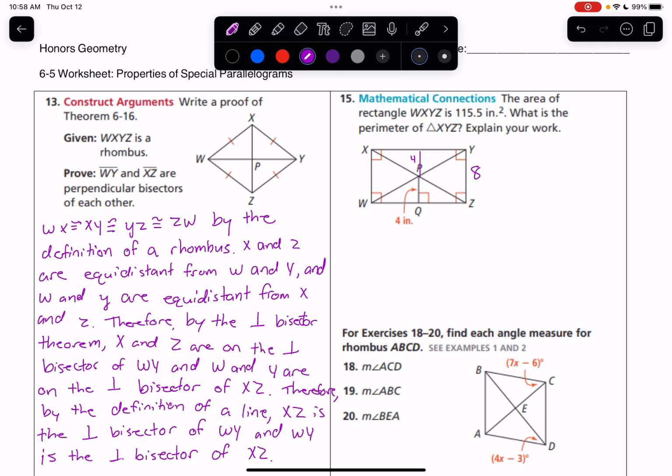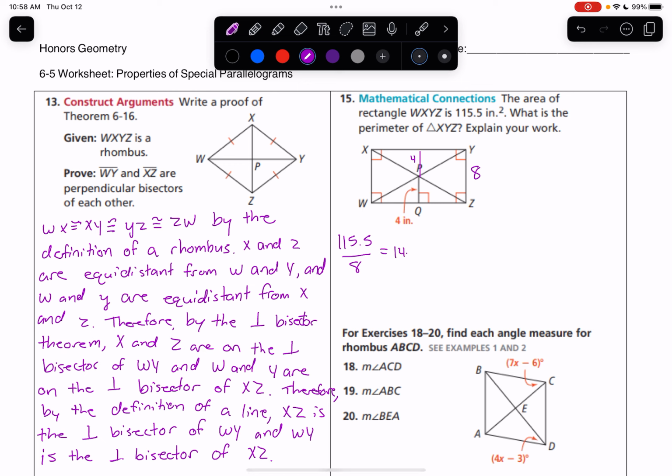So if the area of the rectangle is 115.5 and the width of the rectangle is 8, I can do 115.5 divided by 8 and get 14.43. So I know that the entire length of the rectangle is 14.43.